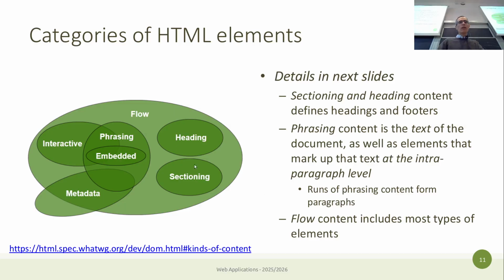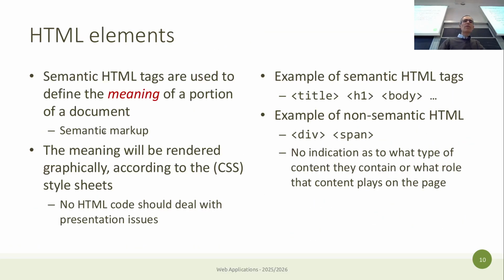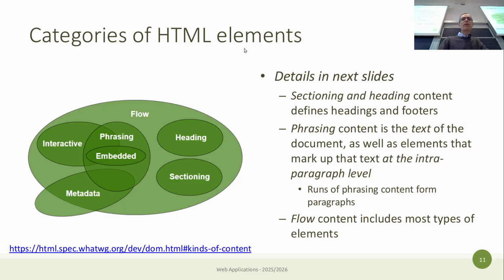Okay, so the categories of HTML elements, these semantic tags that we can use. Of course, it's a document, so you can define sections, headings, and so on. Phrasing means that in the text you want to identify some parts to which maybe you want to apply a different presentation mode.